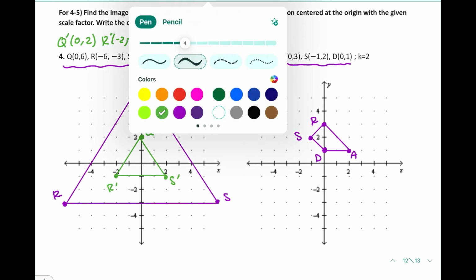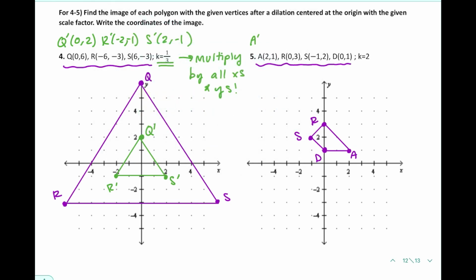Then again, we're going to find all of the new points, which are going to be our prime points. So A prime, R prime, S prime, D prime. And I get that by taking my scale factor and multiplying each and every x and y value to get my new points. So I would have 4, 2, 0, 6, -2, 4, 0, 2.